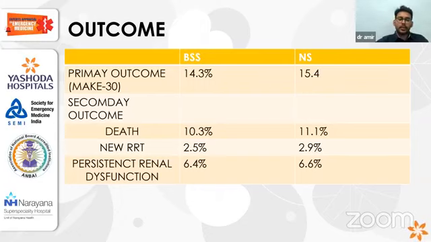Whereas for secondary outcomes, death in balanced saline was 10.3%, and in normal saline it was a little higher, 11.1%. New RRT requirement in balanced saline was 2.5%, and in normal saline 2.9%. Persistent renal dysfunction in balanced saline was 6.4%, whereas in normal saline it was 6.6%, which shows a very similar result, not much difference between both solutions.